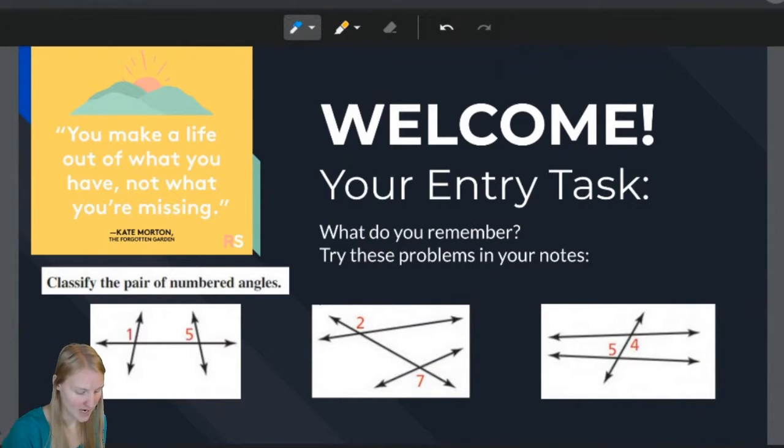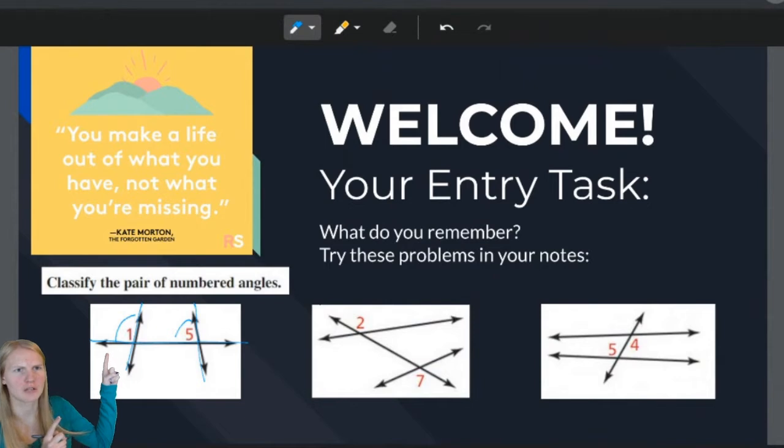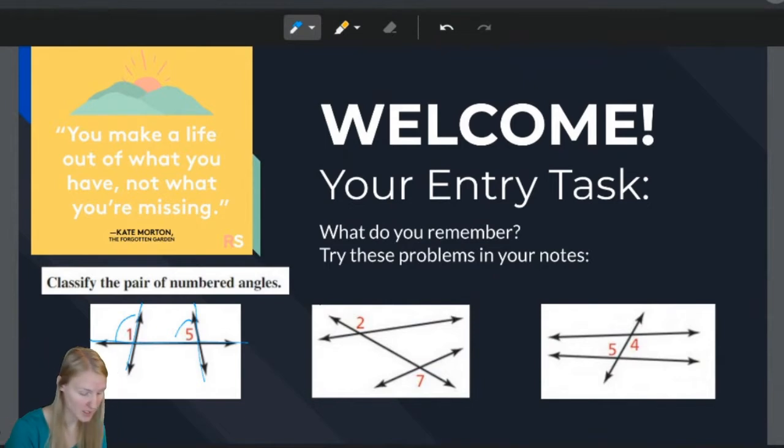So we have angle 1 and angle 5. Notice that I have two lines that are being cut by, what did we call this? What did we call this line right here? We called it a transversal. So that line is a transversal.